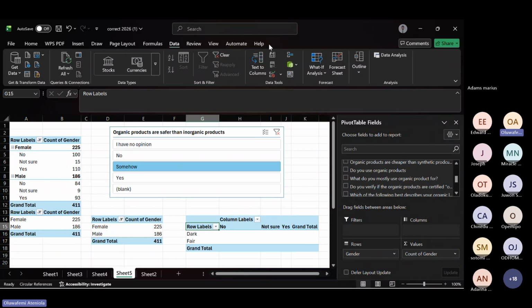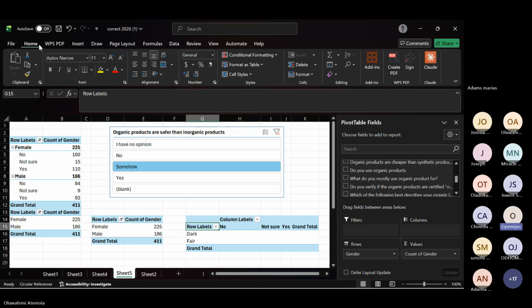I need someone to confirm for me from their Excel while working on pivot table. Do you have an extra tab here that says pivot table or table? Please, I would like someone to confirm that. I am meant to have it here. I don't know why it's not coming up. So if you click inside of your pivot table, you'll see another extra tab that says table or pivot table.